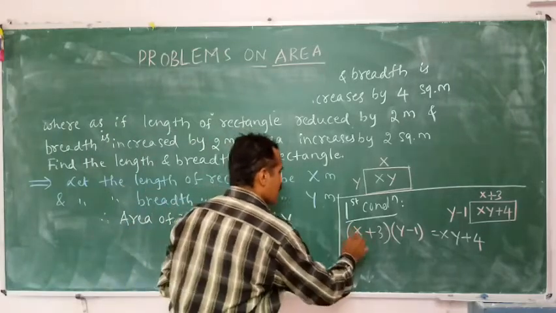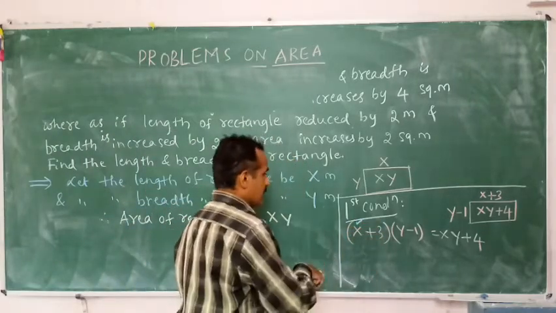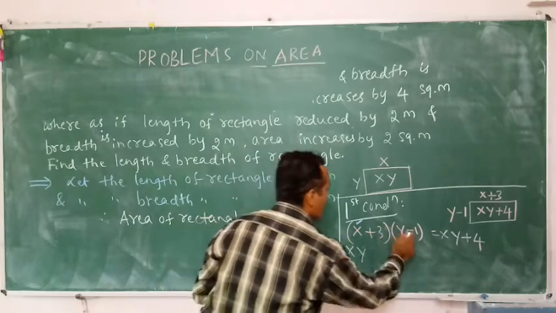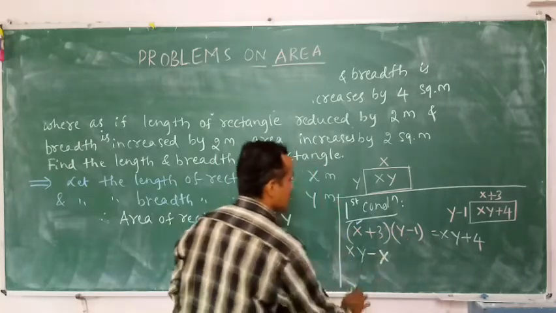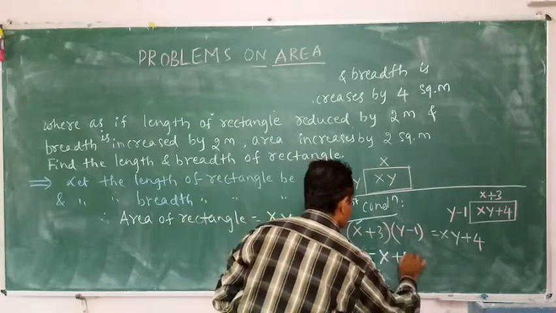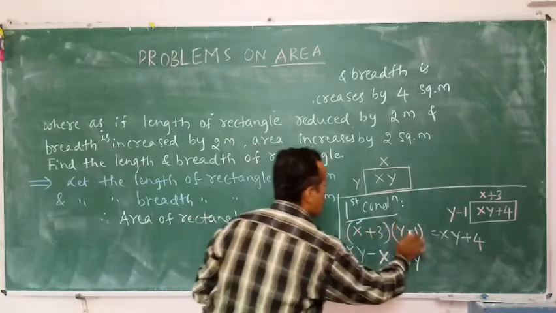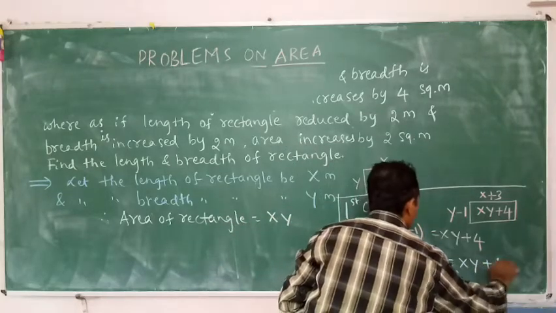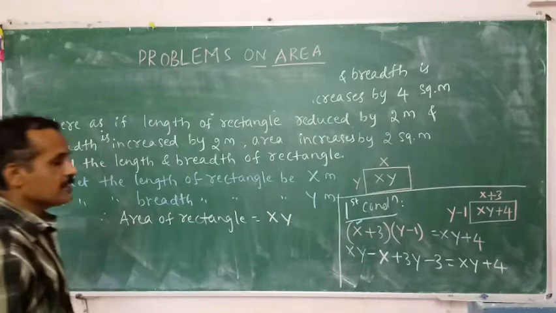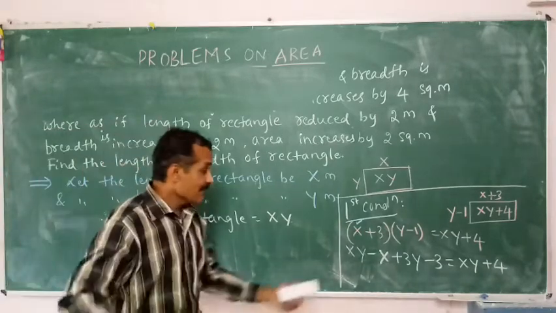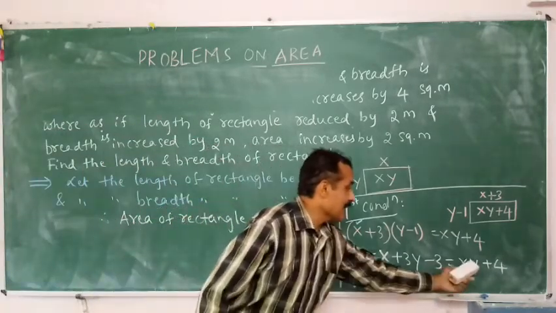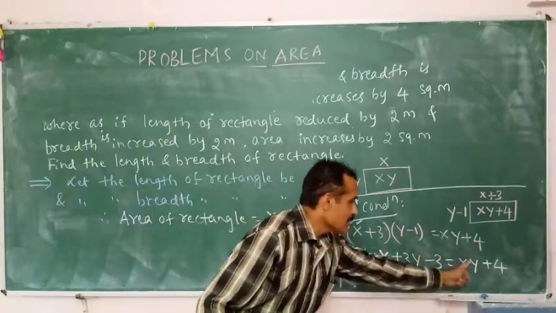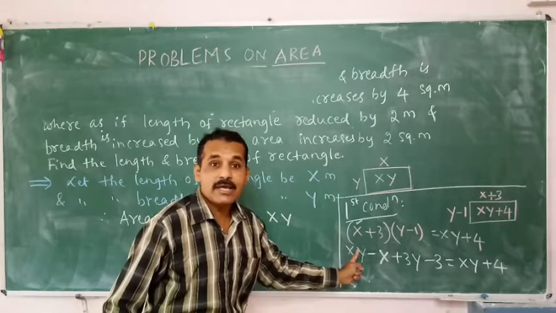From here I will start multiplication. x into y, xy. x into minus 1, minus x. 3 into y, 3y. 3 into minus 1, minus 3 is equal to xy plus 4. Listen, my dear children, this xy and that xy are getting cancelled, because if you bring it here, this will become minus xy, RHS to LHS.